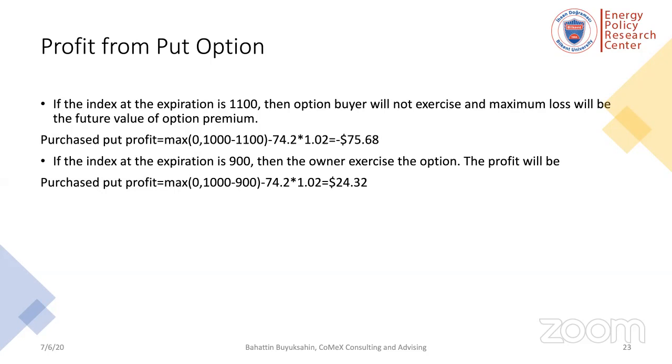If the index at the expiration is 900, then of course the option buyer exercises the option. The purchased put profit is just going to be equal to $24.32, which is the payoff minus the future value of the option premium.